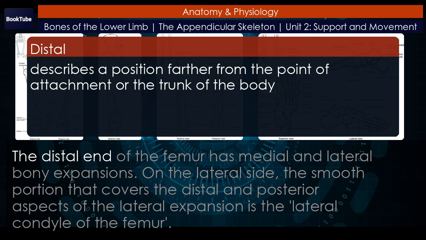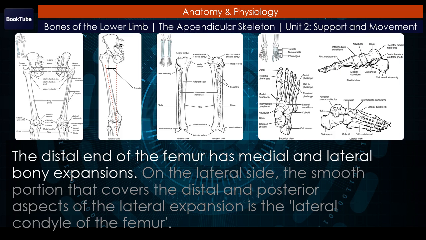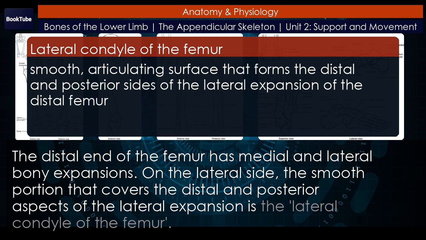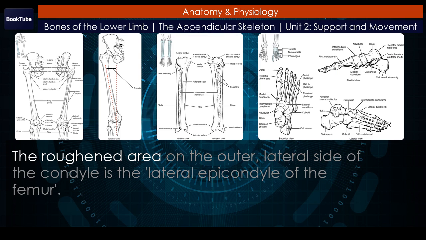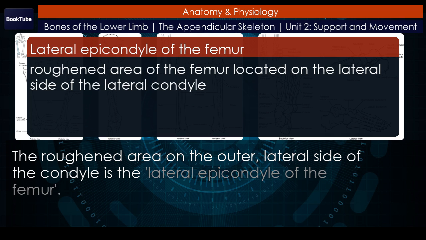The distal end of the femur has medial and lateral bony expansions. On the lateral side, the smooth portion that covers the distal and posterior aspects of the lateral expansion is the lateral condyle of the femur. The roughened area on the outer, lateral side of the condyle is the lateral epicondyle of the femur.